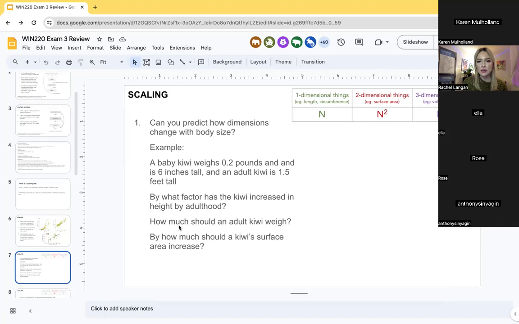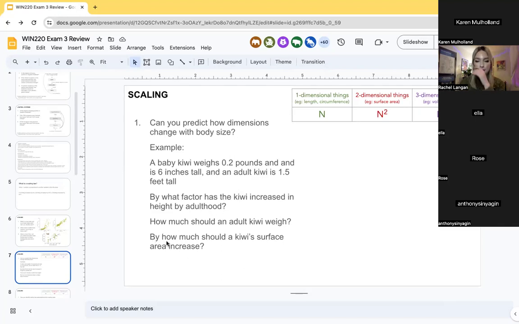So an adult kiwi should weigh whatever the baby kiwi weighs times 3 to the third. So what you would do is 0.2 times 3 times 3 times 3, and you would get 5.4 pounds. And that would be your answer.